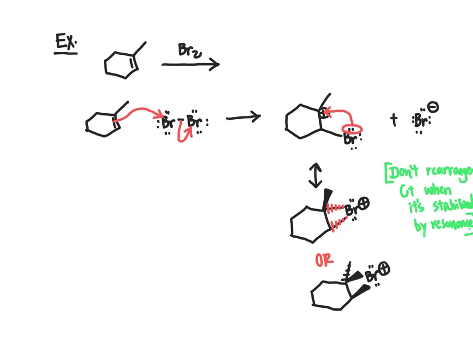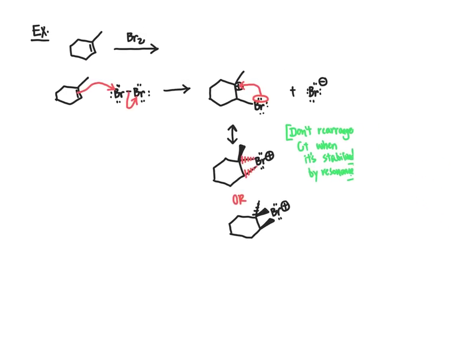So if bromine number 1 is bonded here using two dashes, shown in red, the bromide anion has to attack from the face opposite from that, the top face of the molecule. The implication is that the two bromine atoms will end up being trans to one another in the final product. That will be the preference: the stereoselectivity will be such that the two bromines are trans, because the second bromine has to attack the molecule from the face opposite where the first one lives.